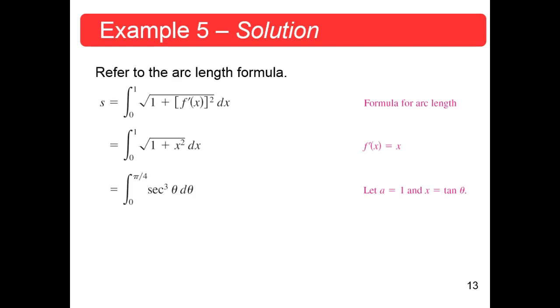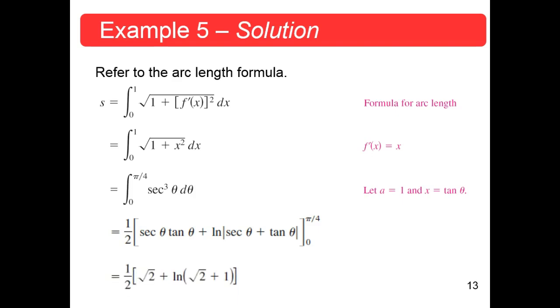Then they magically said this is the answer, which is the answer we got from the tables, evaluated from 0 to pi over 4. They're skipping tons of steps here, and this gave them 1/2 of the square root of 2 plus log of square root of 2 plus 1, approximately 1.148.